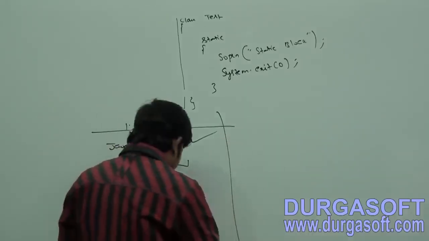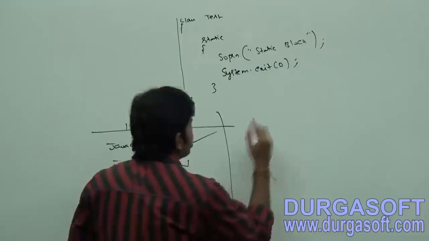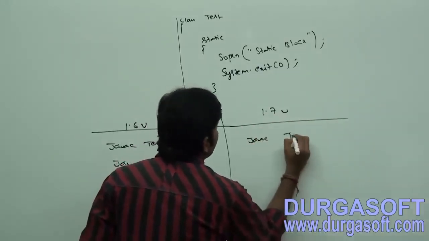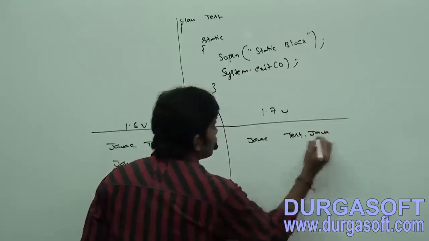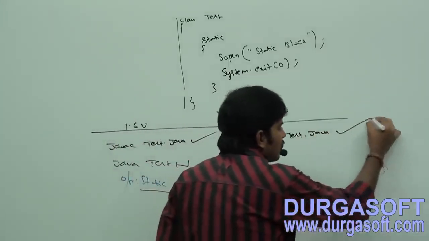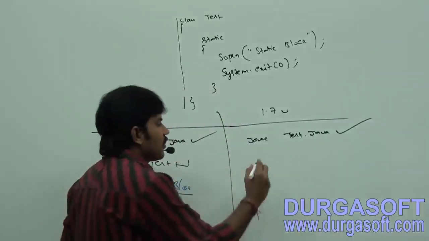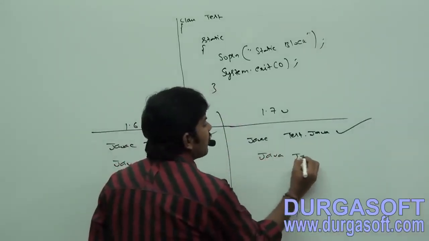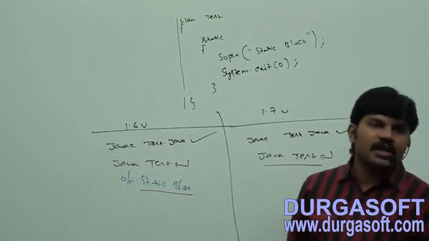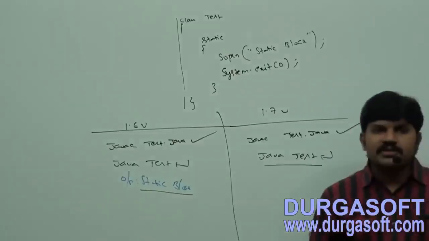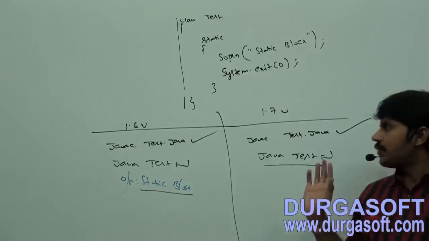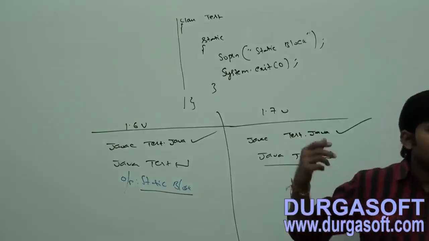But in the 1.7 version, I run javac Test.java, which is valid. Now I am asking, hey 1.7 version JVM, can you please run my program? Immediately the 1.7 version JVM is going to tell, Durga, do you have the main method or not? Main method is not there, but static block is there.